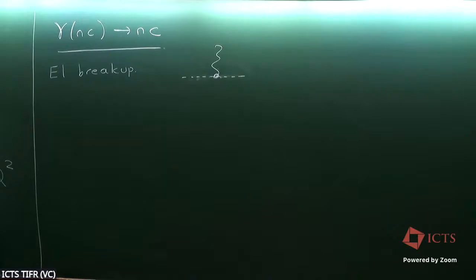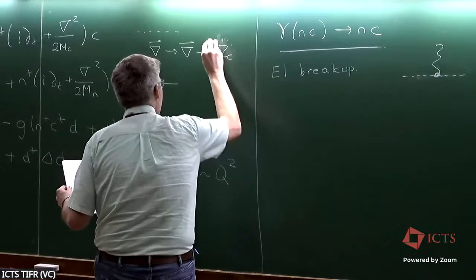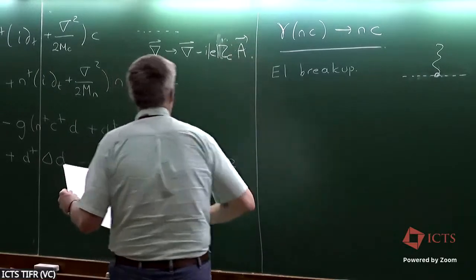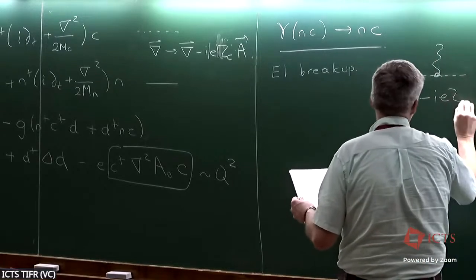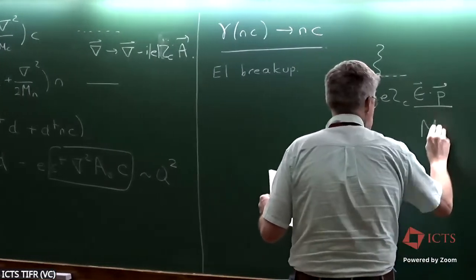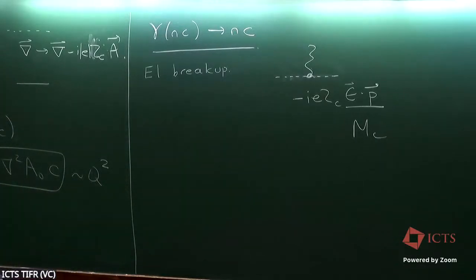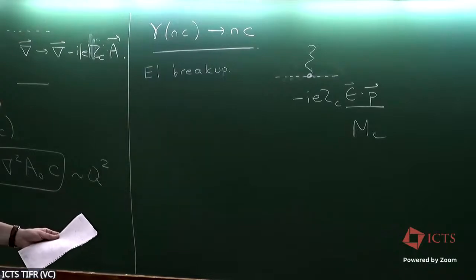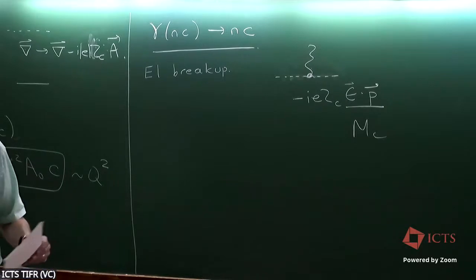And so when I do minimal substitution, including the charge of the core, I get a Feynman rule like that. And when you stare at this for a minute, you'll realize that this just says that the photon couples to the classical current, which is the charge of the core times its velocity.